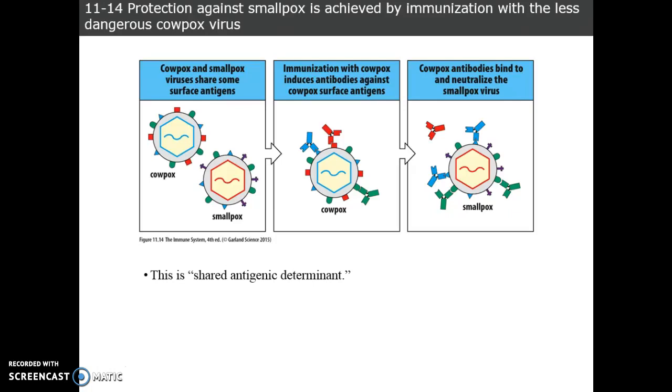And Jenner noticed this, and what he did was he actually ground up the scabs from individuals who had a very mild case of smallpox, and then intentionally inoculated it to individuals as the process of vaccinia, or vaccination, coming from the word vaccinia, which is the official name of the cowpox virus.